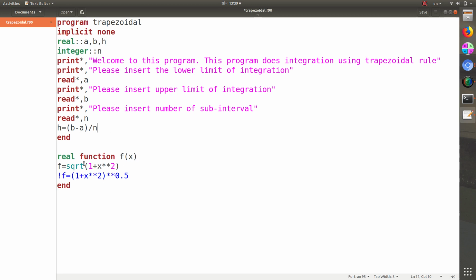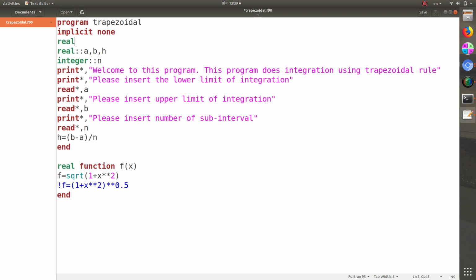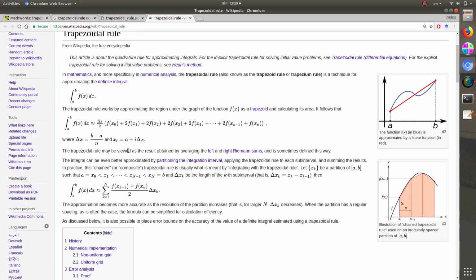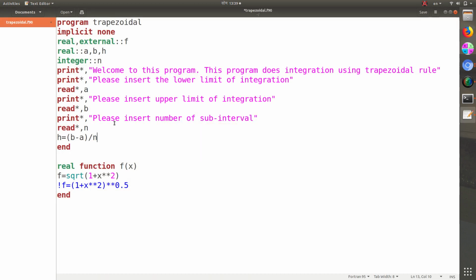We already defined the function. To call this function inside our program, we have not inserted real external, so the name is nothing but function f. Alright, and now this is h, and simply you can see the formula from here. I already mentioned that I will separate f of x0, f of xn in one formula and the rest of these sums in another formula. So first let me define a number called p as a real number, right?